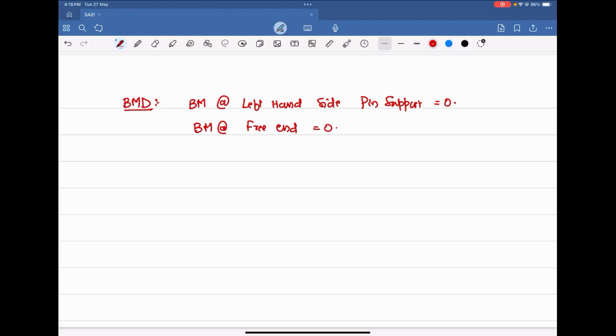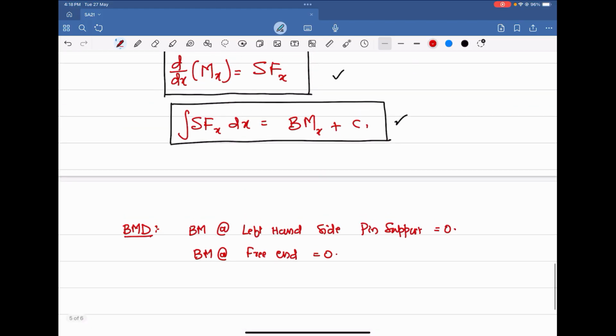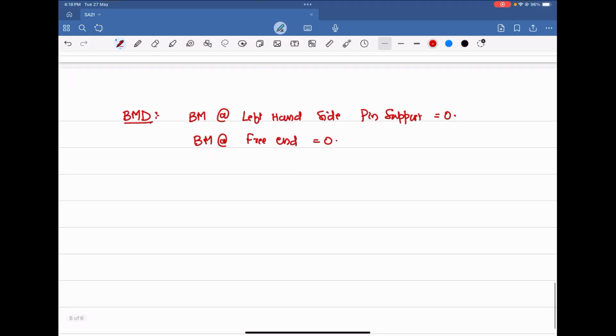And bending moment is nothing but shear force into distance. If you integrate shear force, what is integration of shear force Vx dx? That is equal to bending moment plus C1. This is the equation which just now we have got.